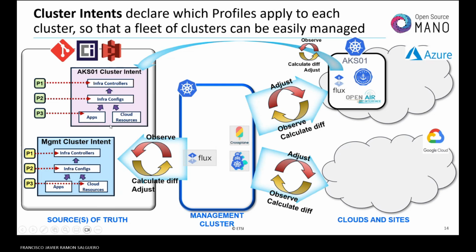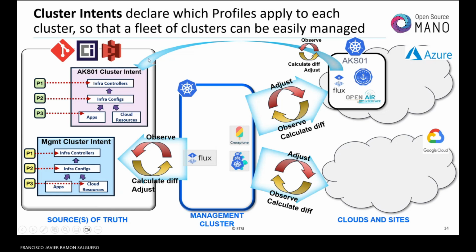So, for instance, in this deployment, what I have is the management cluster. That is something special, a cluster that is just in charge of creating resources in target clouds or injecting in workload clusters the required agents to make those target clusters autonomous.